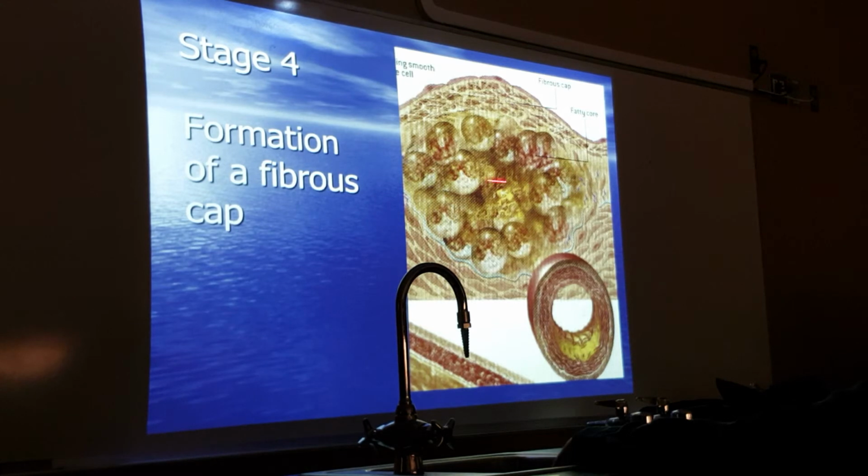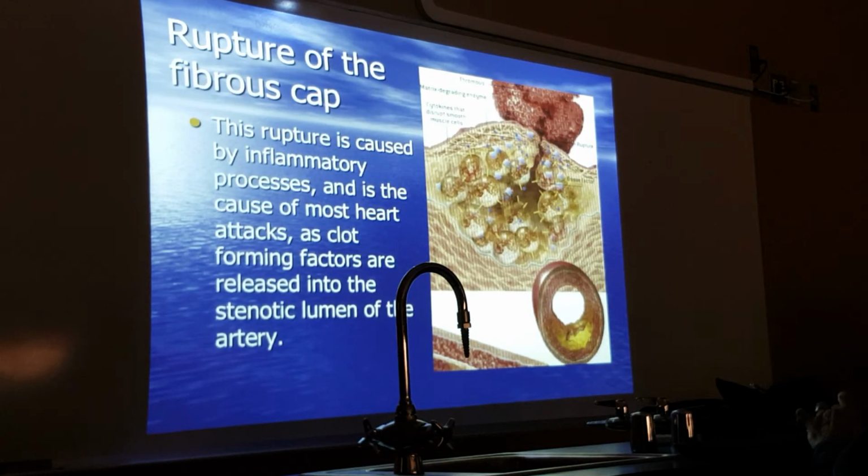It goes dormant, and LDLs can't get in there anymore, but it's there forever. For a lot of people, that's the end of it. The blood carrying capacity of that artery is compromised, you have a stenotic artery, but for some people, the artery doesn't like that and starts mounting an inflammatory response.